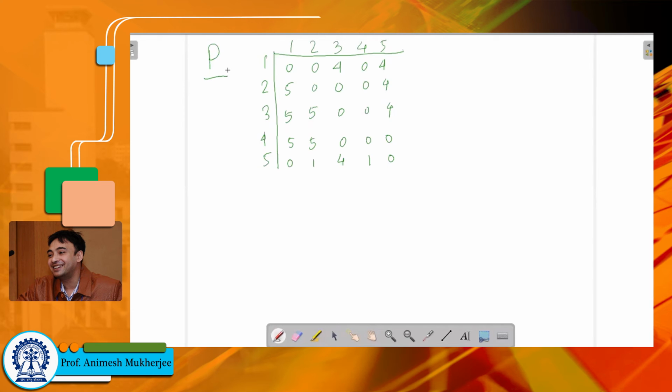That is very easy. So the problem here is print shortest path.